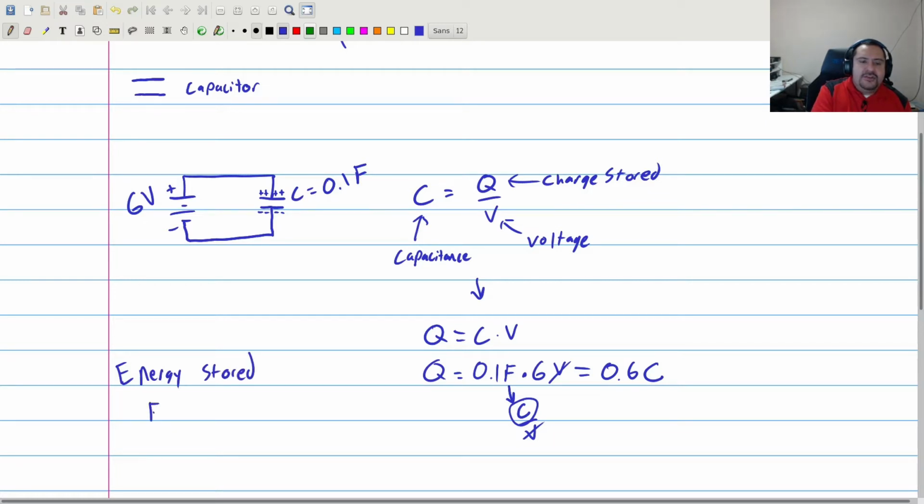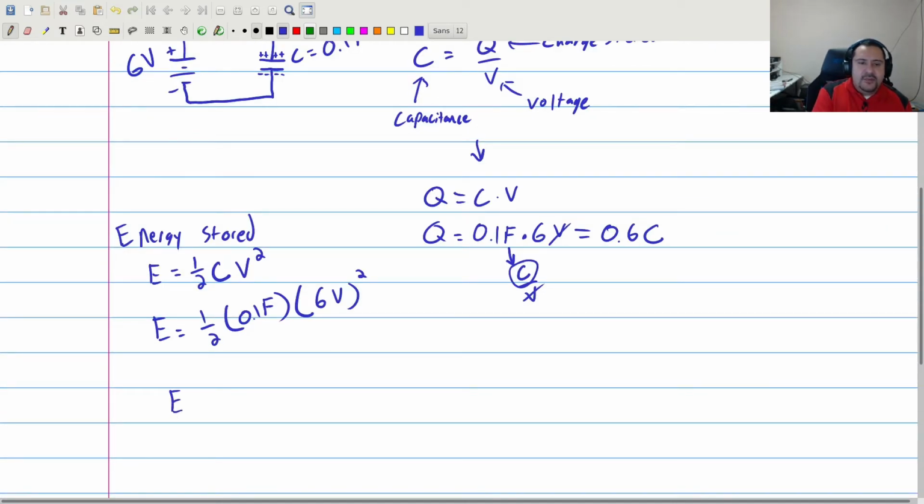The energy stored in a capacitor is equal to 1/2 CV squared. So if I asked you how much energy is stored in this capacitor, you would just have to plug in E is equal to 1/2 times C is 0.1 farads times V is 6 volts squared.